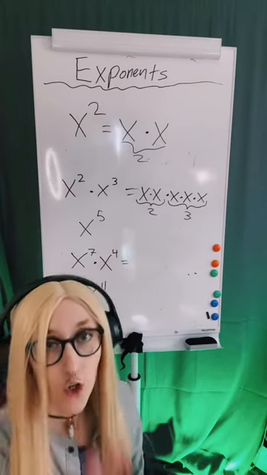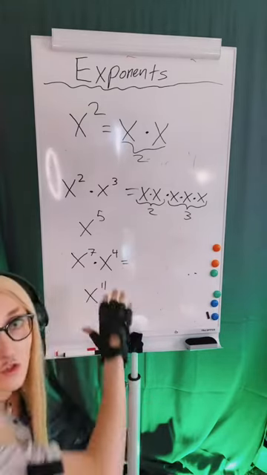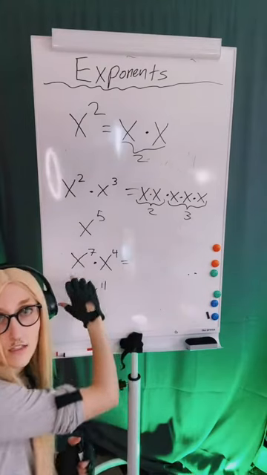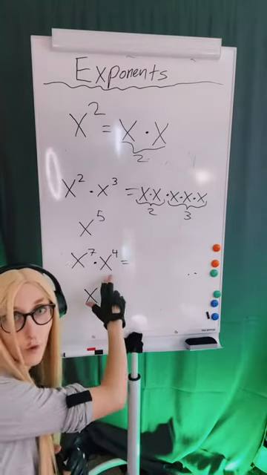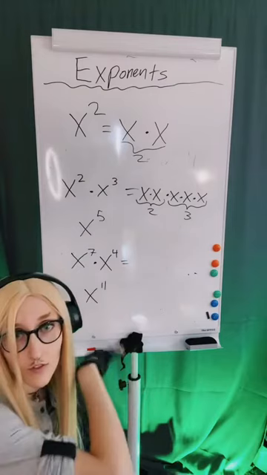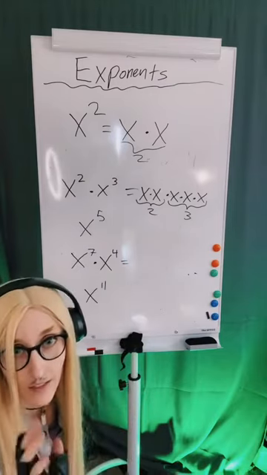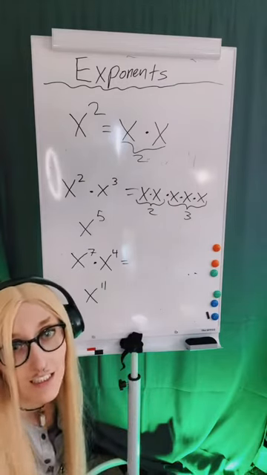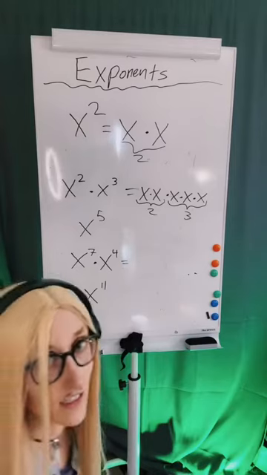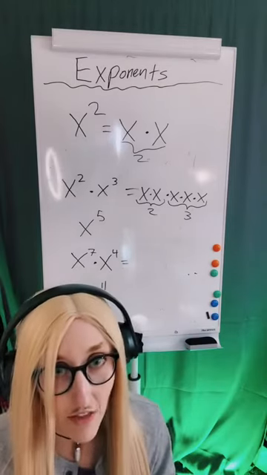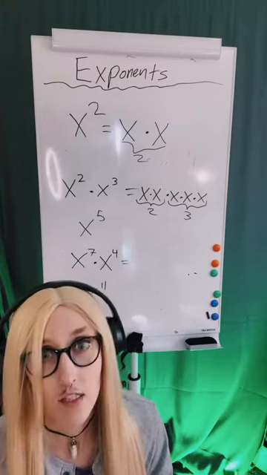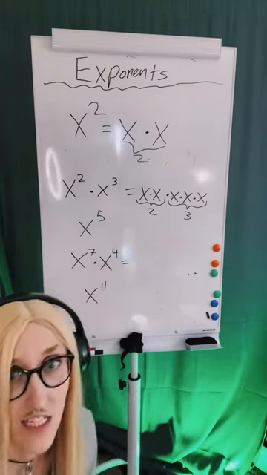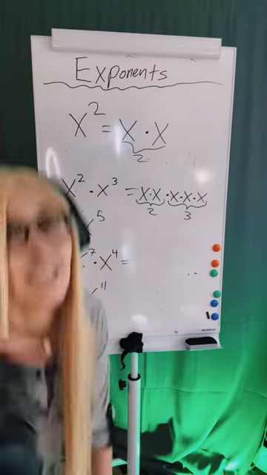So like, could I take the time to draw out 7 x's and then draw out 4 more and then count them all up? Yes, I could. But if I get into some big numbers, if I get into some big math, that's going to be rough. I'm not gonna have the time for that. So we like to find these quick and easy rules.